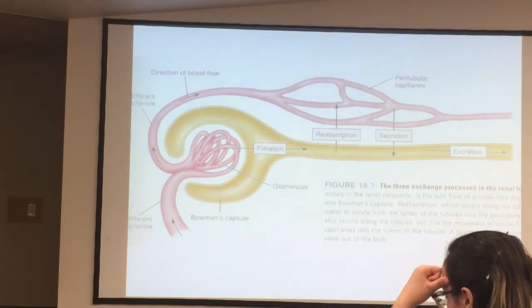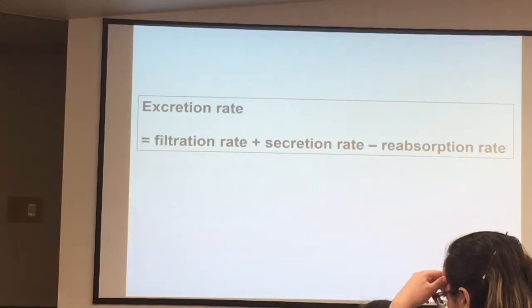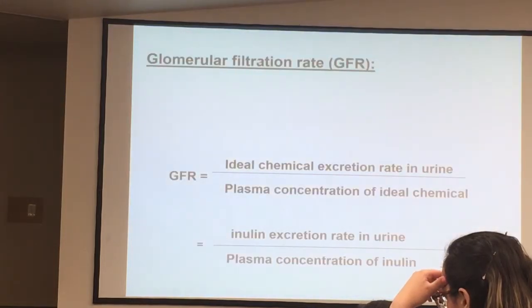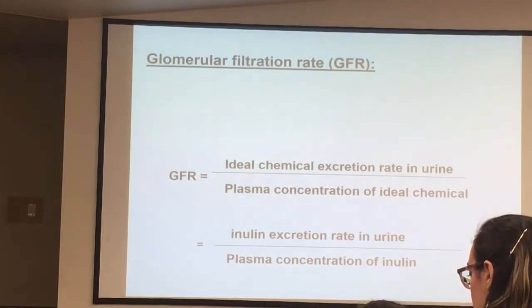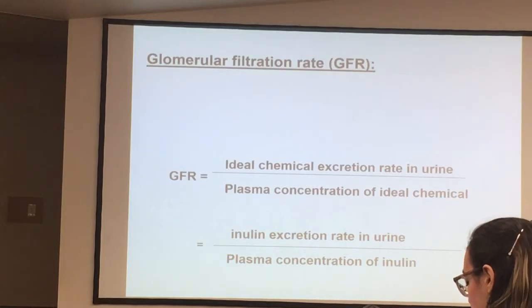We can remove the urine. So the fluid coming from this part we call GFR, glomerular filtration rate. But in the middle, we take back something, reabsorption, and we get rid of something with secretion.